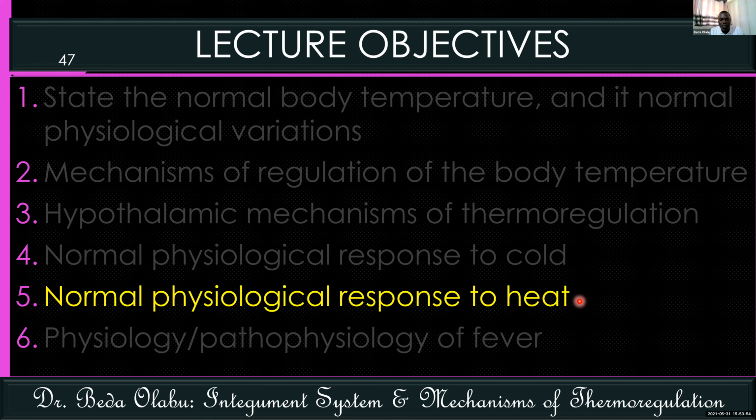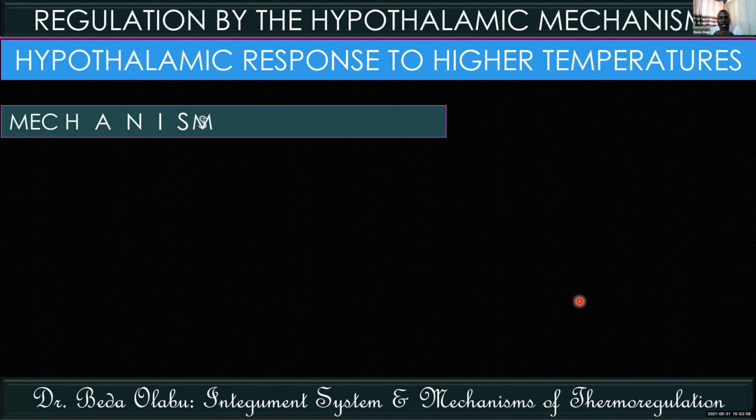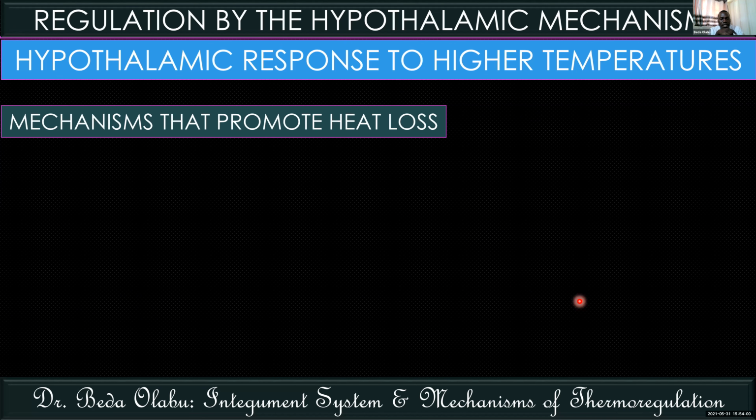But we then have the hypothalamic mechanisms in response to heat. The hypothalamic mechanisms in response to heat will be twofold as well. In one way, the hypothalamus initiates mechanisms that promote heat loss. The extra heat that is already in your body, shed it off.